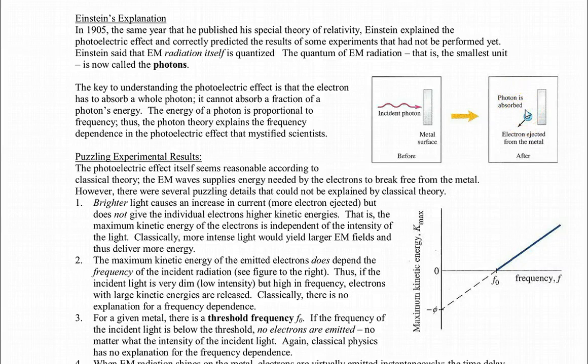Now, the energy transfer is kind of an all or nothing process. Either the electron gets all of the photon's energy or none of it at all. Now, it depends on the energy that is needed to knock out this electron.